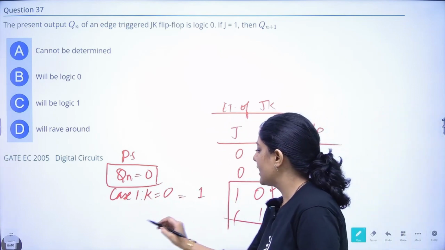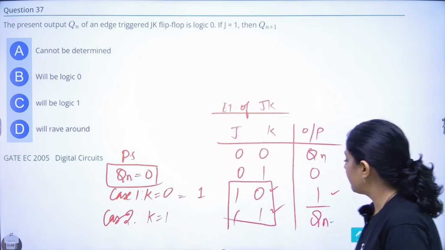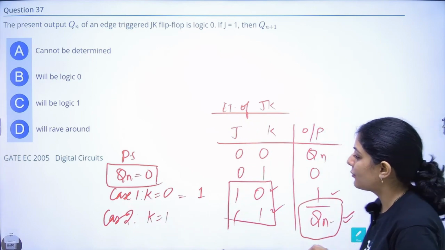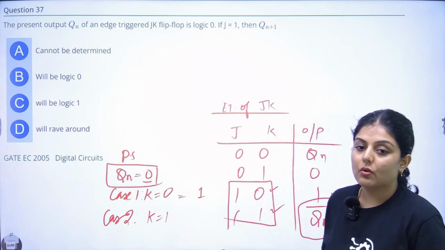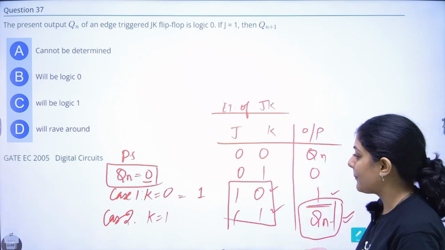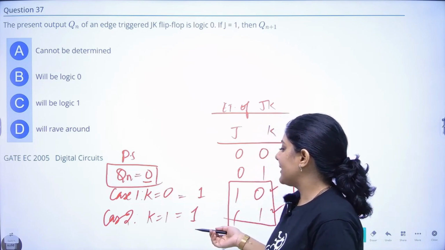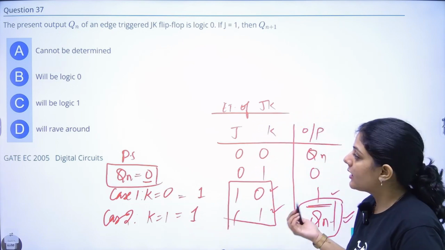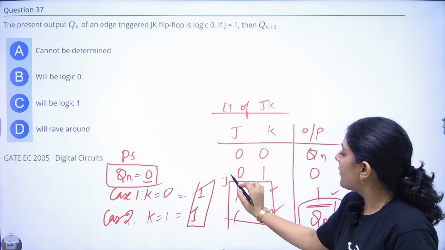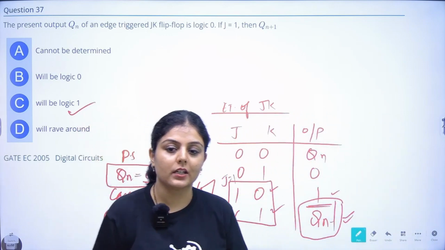That's quite visible. In case 2, if K value is 1, it will toggle the previous state. So the previous state is this 0. It will toggle because it is Qn bar. So it was 0 previously, it will become 1. So it does not matter whatever the K value is, the output will remain as 1 when J value is 1. So it will be logic 1. Clear?